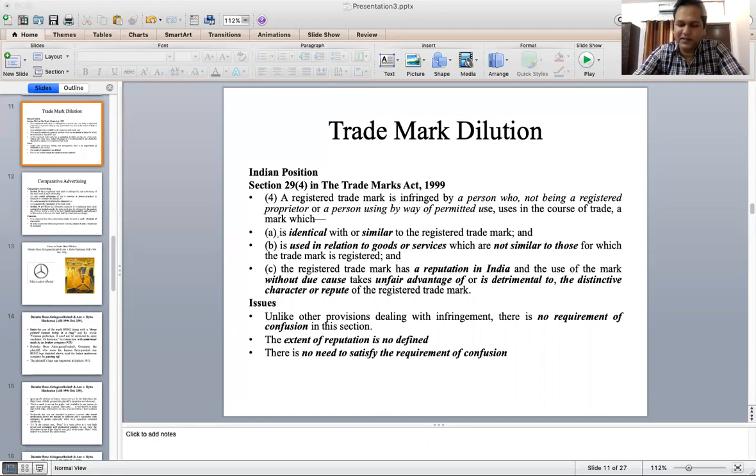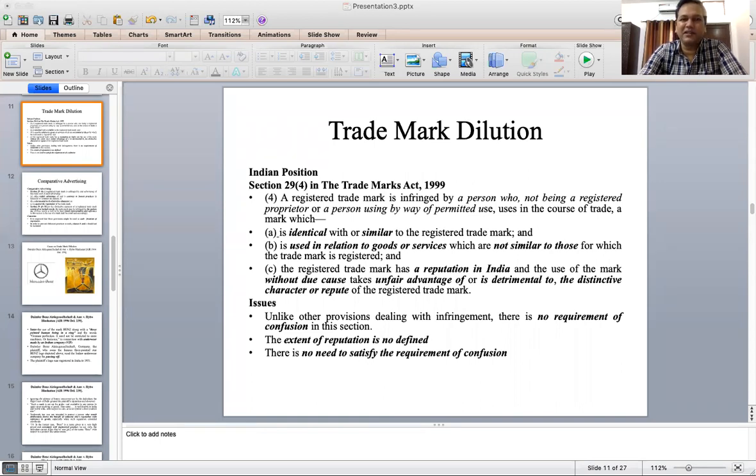Free riding is a concept we have already discussed: because it is not properly protected, some other person can take advantage of it. Because of that, the term is considered as free riding. So free riding means that the other person is enabled to take advantage without having any significant implication in the mark.